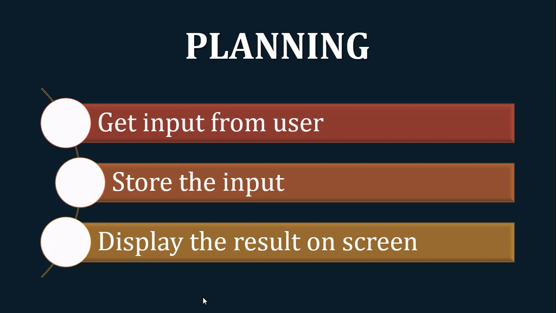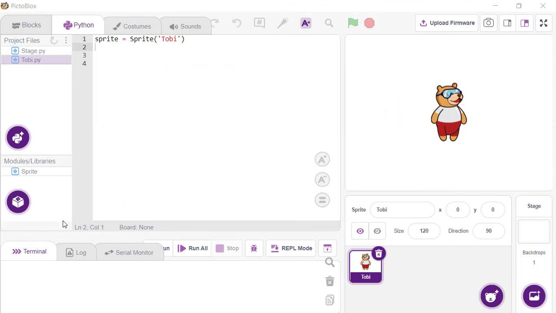This result will be the answer the ChatGPT or the virtual assistant gives. So now let's go to Pictoblox. We'll be using the Python interface of Pictoblox for making this activity. We'll need a sprite, and I'll just change the backdrop.